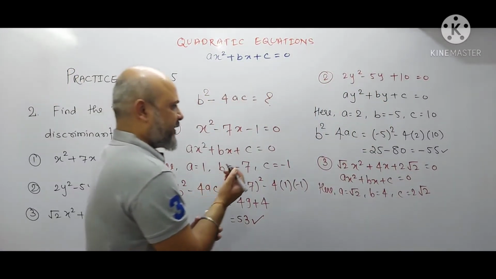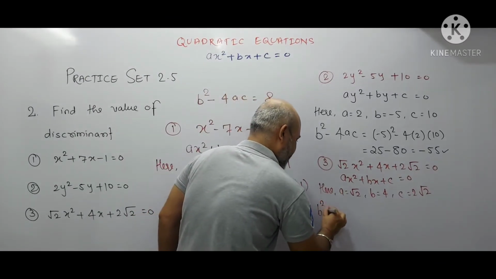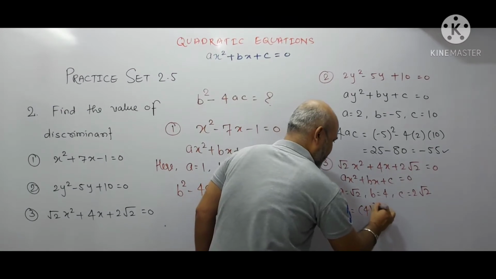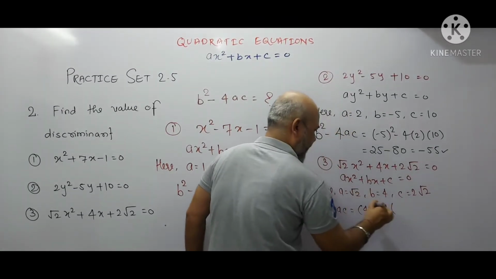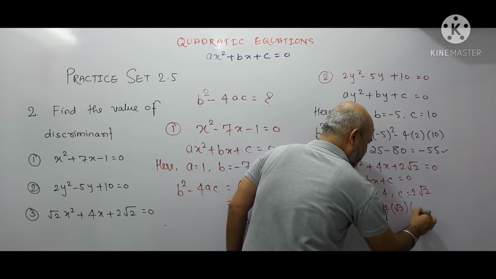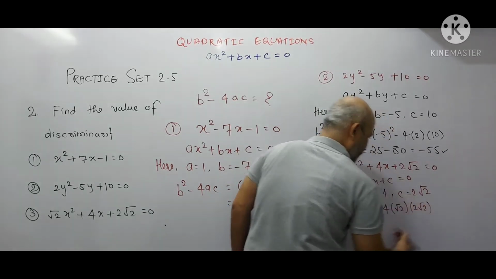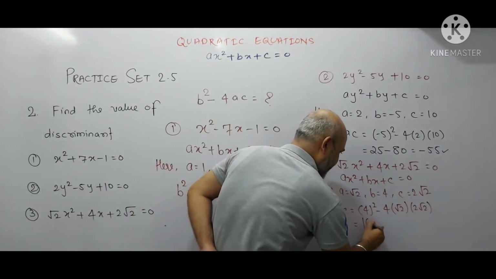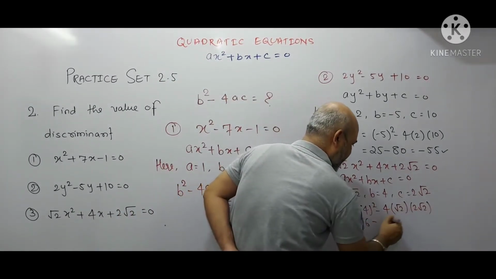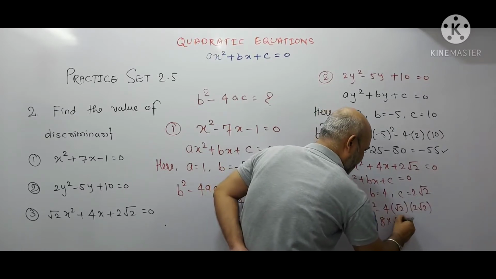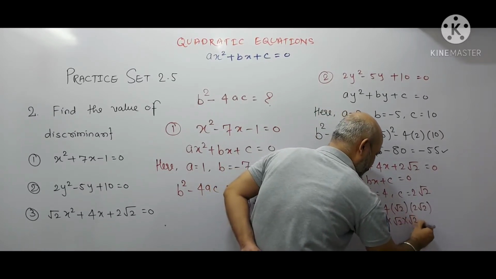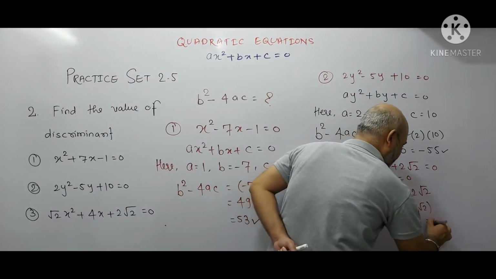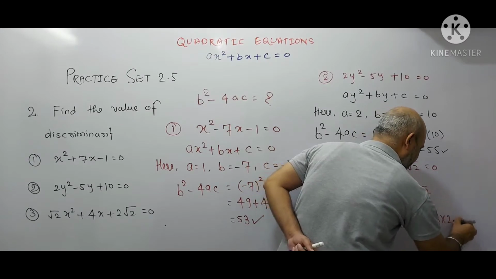Now we will find the value of b square minus 4ac. So b square minus 4ac is equal to b square, means 4 square minus 4, what is a? Root 2, and what is c? 2 root 2. Okay, so this will be 16 minus 4 2s are 8, multiply by root 2 multiply by root 2.